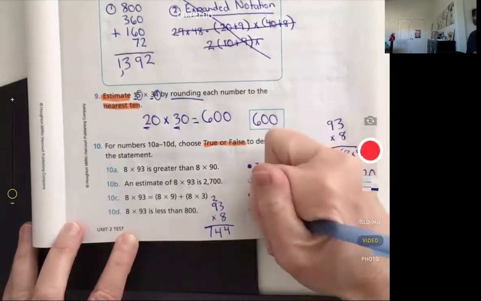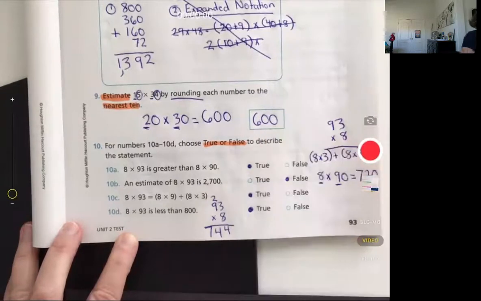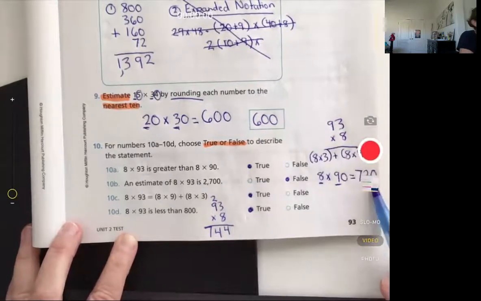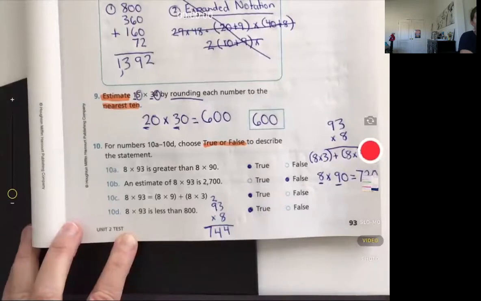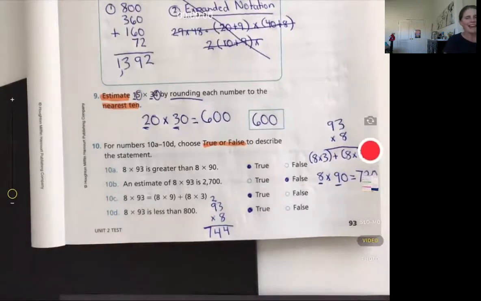So yes, true, it is less than 800, which we kind of had a feeling about because we had already estimated that. So true, false, true, true. Okay, and that is number 10.